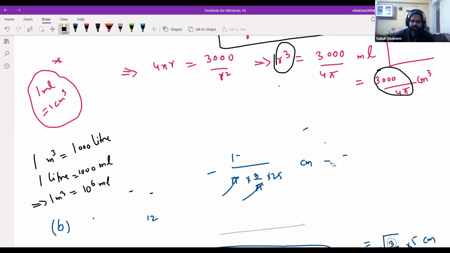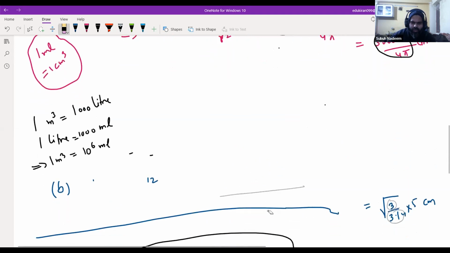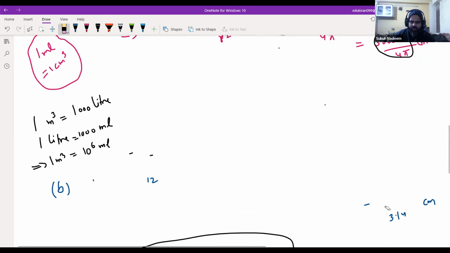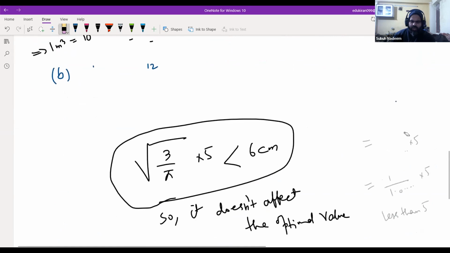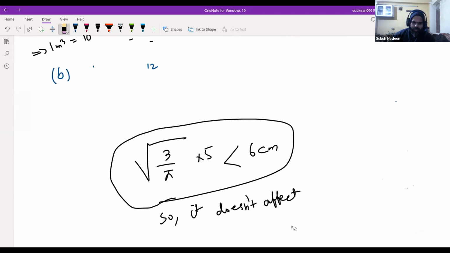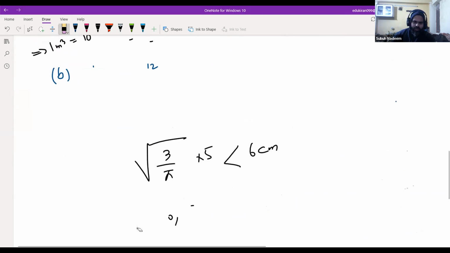Generally, the numbers they give do not need so much calculation, but here they have given a number which is taking unnecessary time in calculation. Mainly, the concern is about concept. So it is cube root, not a square root.